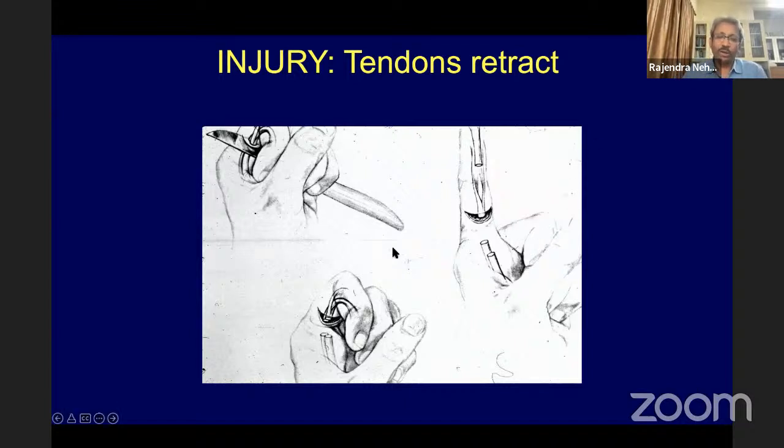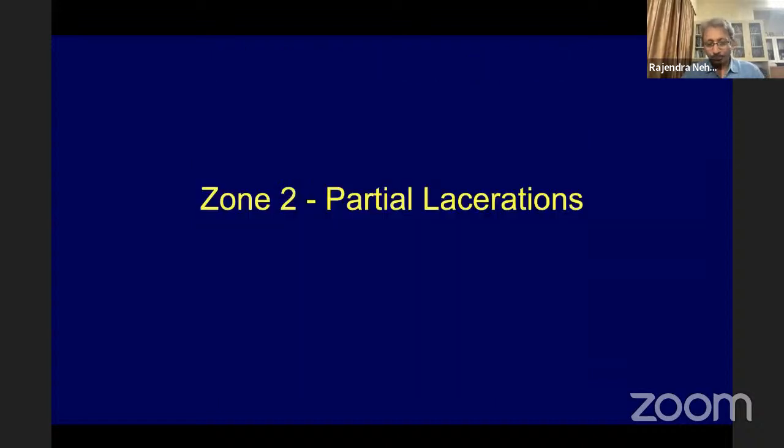So you have to remember, if the injury is during flexion, the proximal ends are pulled proximally and the distal end will be more distal. So you have to be careful to notice it. If the injury is in extension, then the proximal tendons are retracted more, and the distal tendons are not retracted more. It is clinical, whenever you try to locate the tendon after the injury.